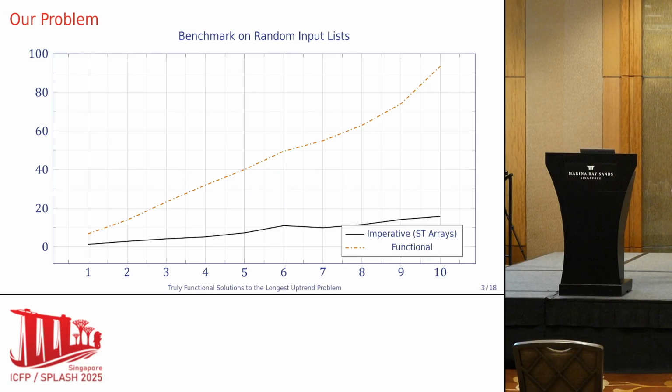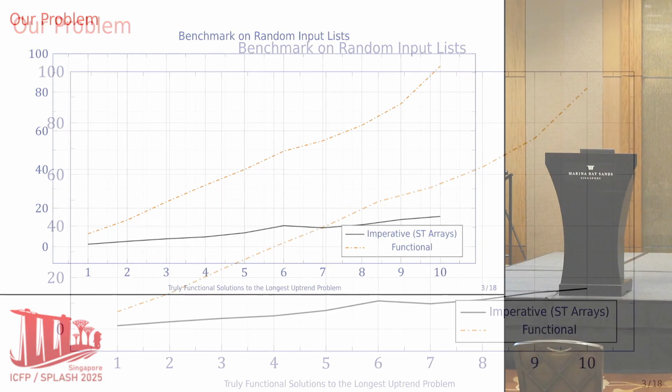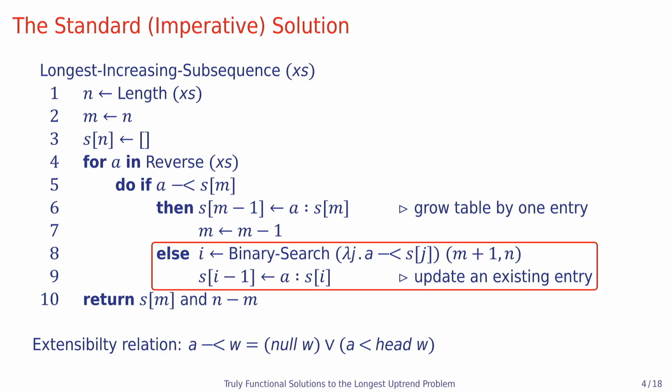To understand what our mistake was, let's first have a look at the imperative standard solution. Here you can see some pseudocode, and you don't have to understand all the details.